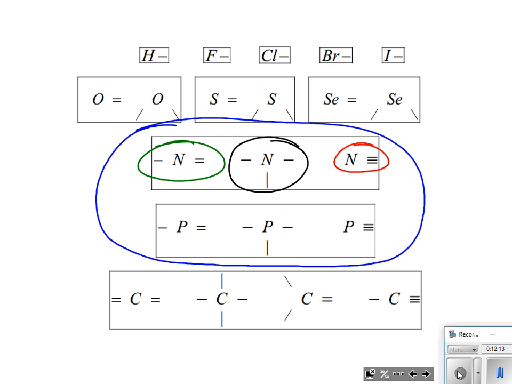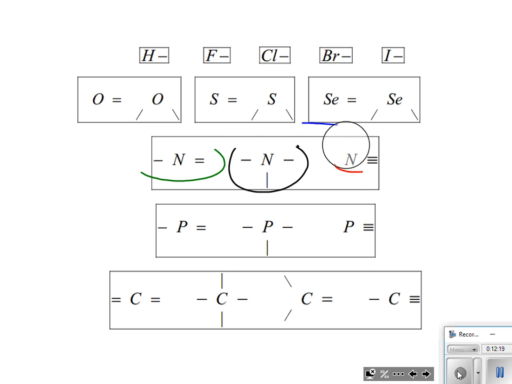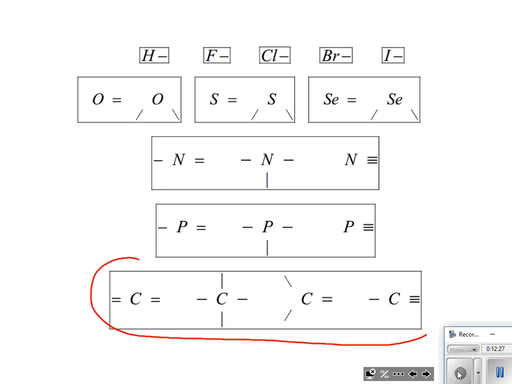Now, carbon is the last one. And we have a whole big group of things that we call hydrocarbons, which is the building of carbon chains. Carbon to carbon bonds.